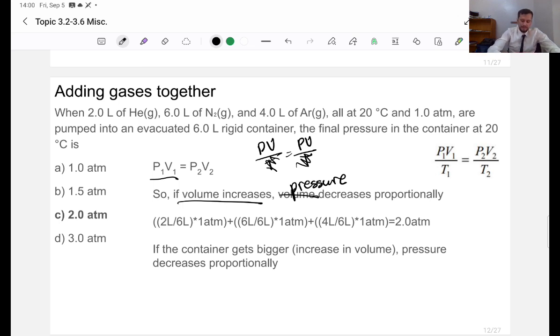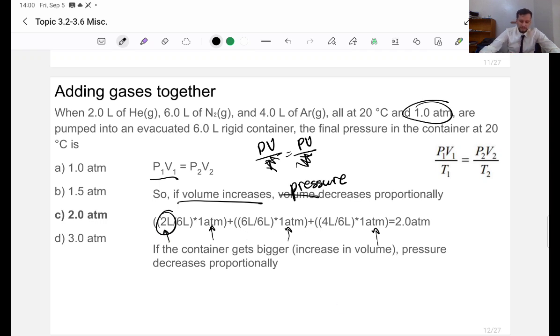So to account for this, look at how I just did the math. In this case, I didn't even have to include the times 1 because they're all times 1. So even if I didn't do that, it would have been the same. But this would account for if some of the gases were at different pressures than other gases. And I can't remember if I saw any AP Chem problems that did that or not, but I feel it's probably better to put that in there just to be safe.